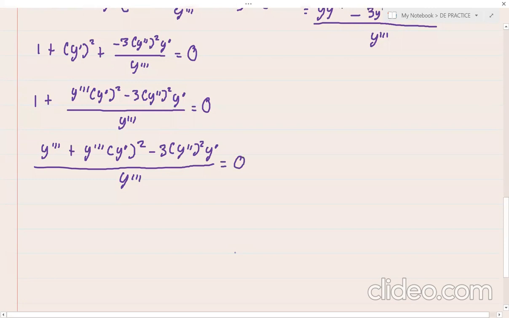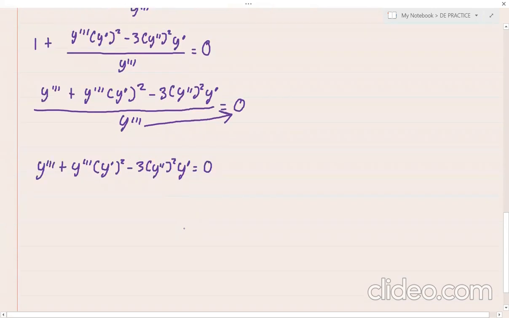So ito, pwede ko pa itong simplify because we have a denominator of y third prime at meron tayong expression to the right side which is 0. So I can cross multiply. So if I cross multiply, ang mangyayari dyan, mamumultiply si 0 at saka si y third prime. So as a result, meron na tayong y third prime plus y third prime times the square of y prime minus 3 times y second prime squared times y prime is equal to 0.